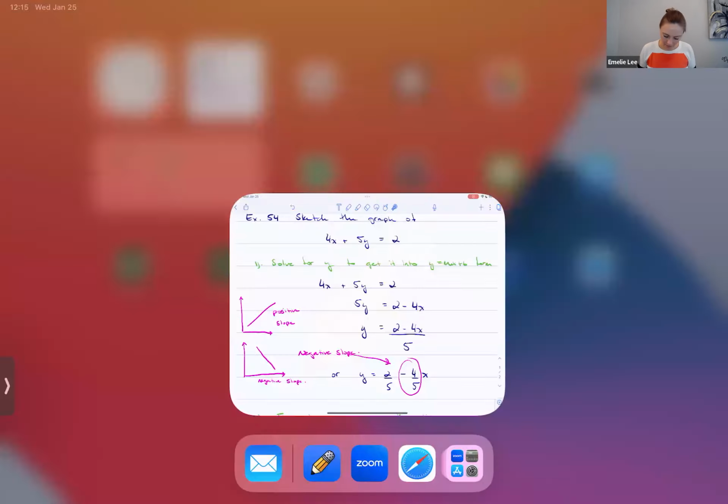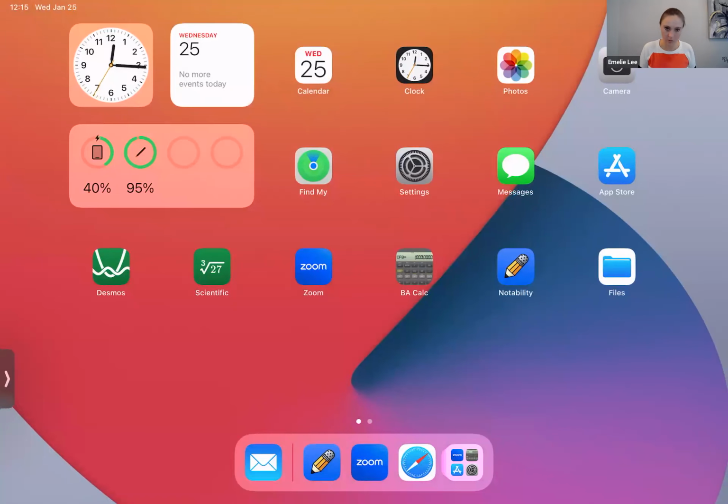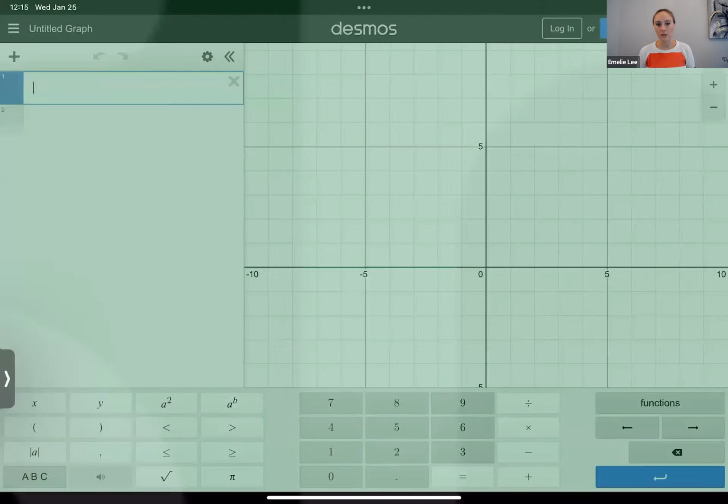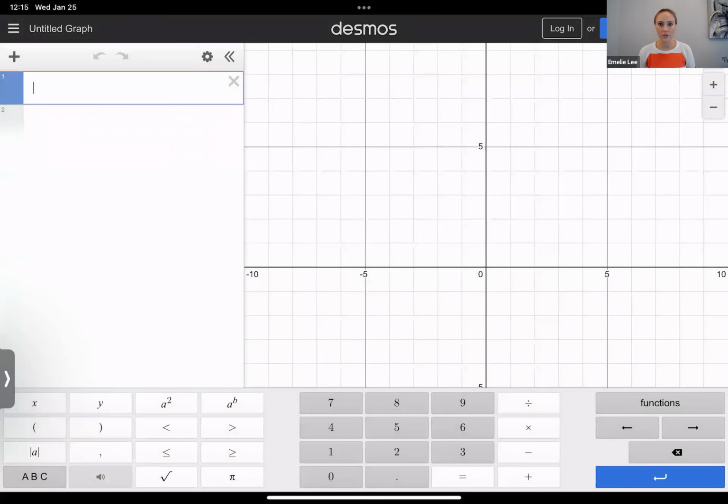Where's Desmos? You're going to use the graphing version. I'm working with two versions of Desmos. I use the graphing one for graphing, and I use the scientific calculator for anything else.